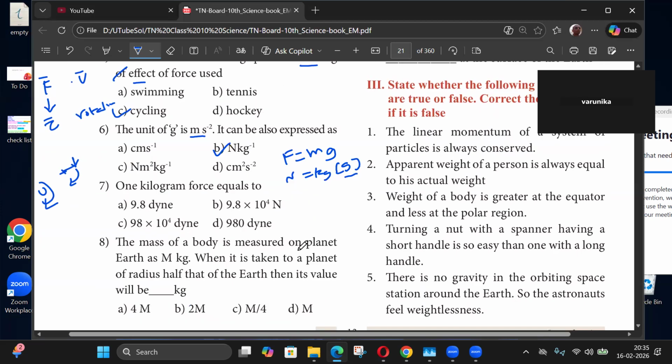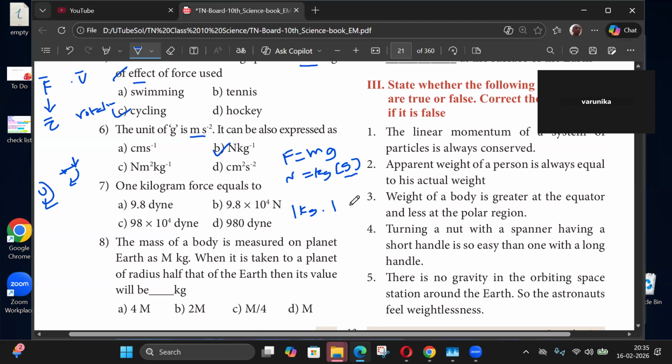1 kilogram force means 1 kg into 1. Acceleration is 1 in SI units. So this one is in newtons. And so 1 Newton is the same as 10 raised to 5 dynes.